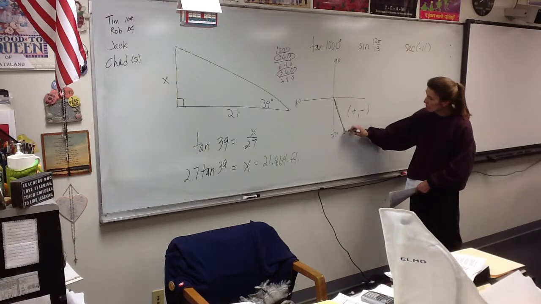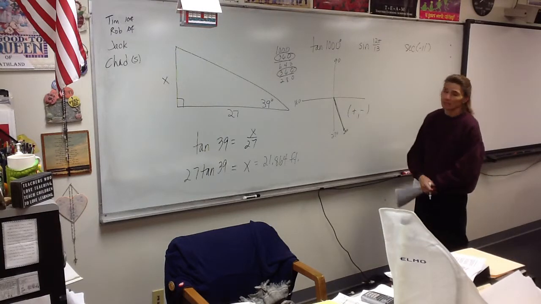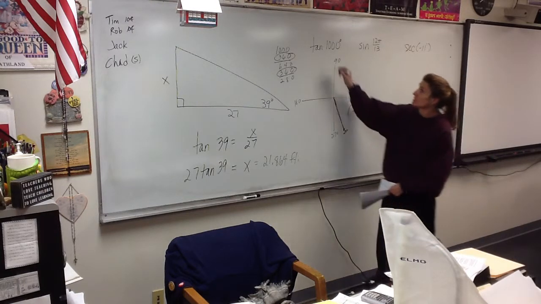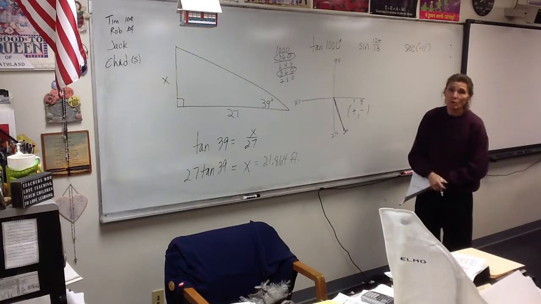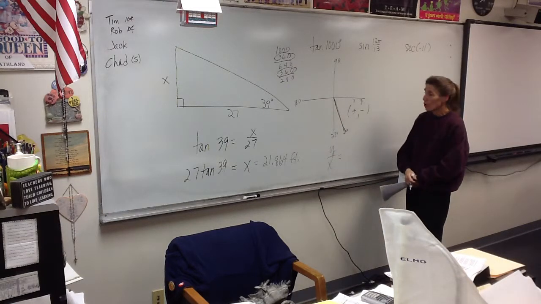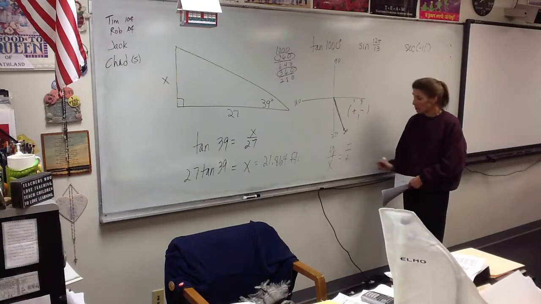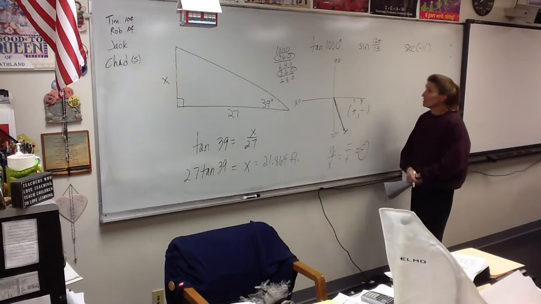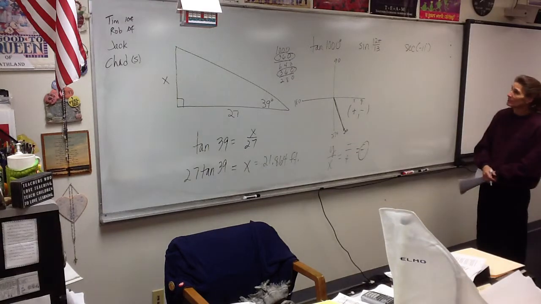To get this point, we would come right and down. Positive, negative. I'm interested in the tangent. This is x and this is y. What do I know about tangent? It's y over x. Y over x would be negative over positive, which is negative. So the tangent of 1,000 is a negative number.